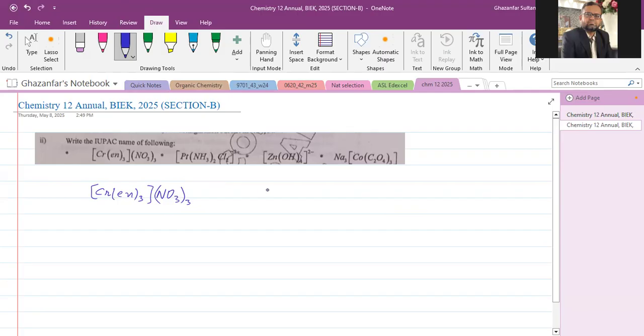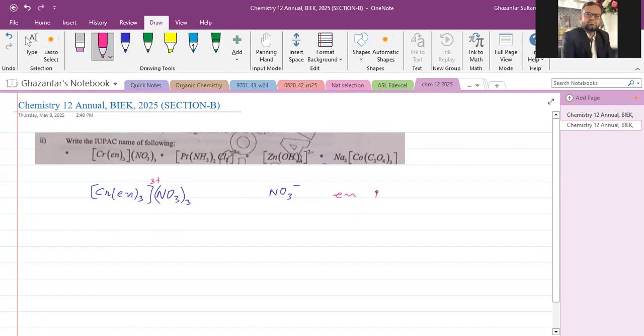If we know that nitrate has -1 charge, if 3 nitrate are there, so definitely there should be total -3 charge. So there would be +3 on this coordination sphere. And En, what is En?